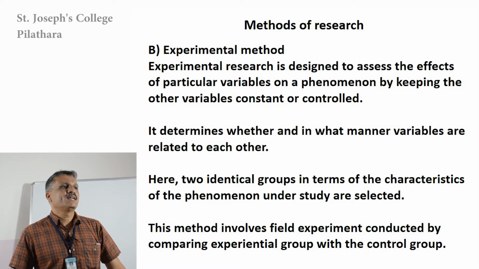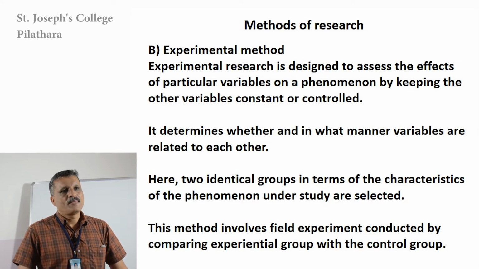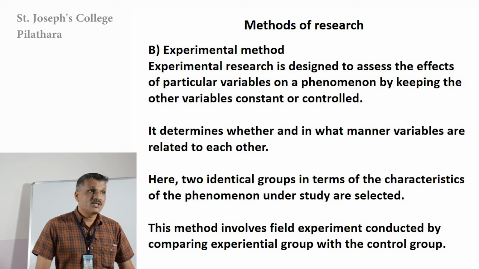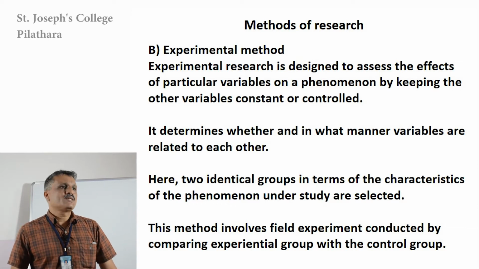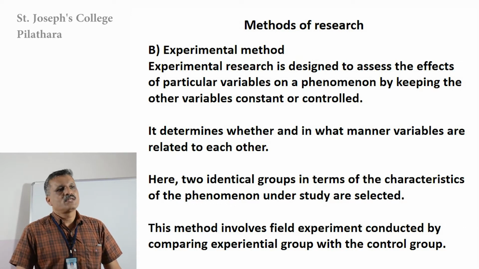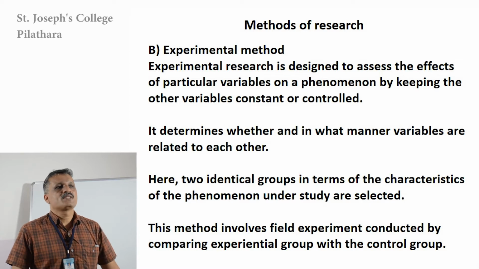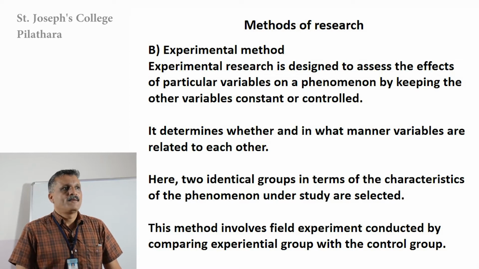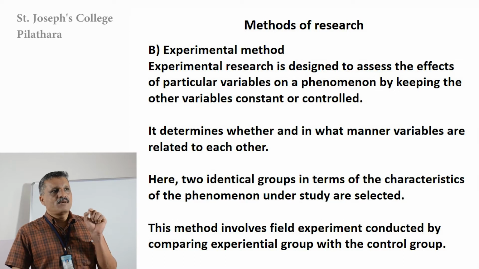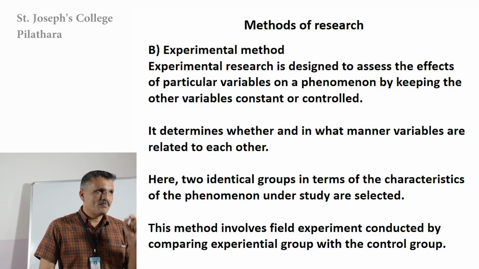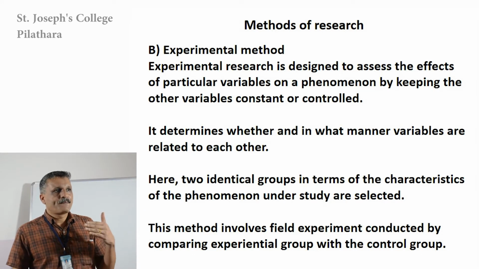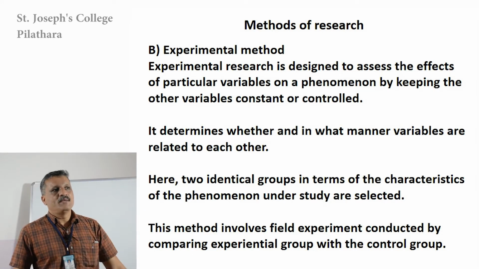What we do in the experimental group is, for example, if a researcher is proposing a research study to assess the effectiveness or the usefulness of the use of the library in the academic performance of students. What the researcher is supposed to experiment with is the use of the library.